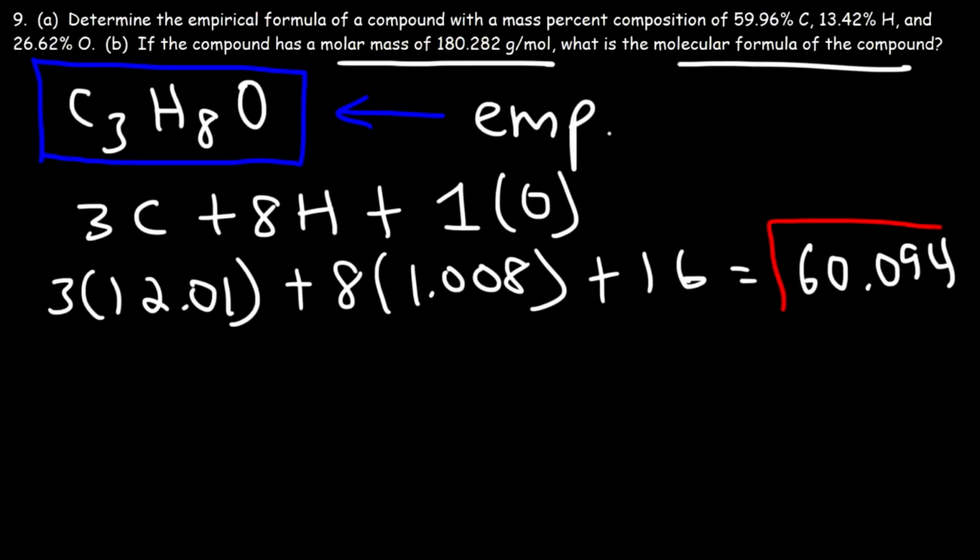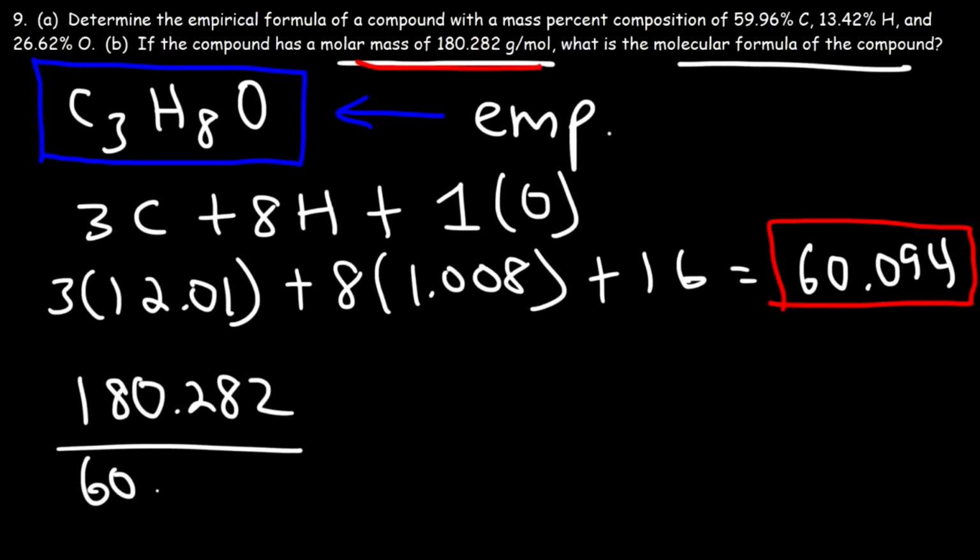So if this is the molar mass of the empirical formula, and this is the molar mass of the molecular formula, what is the molecular formula? Well, what we need to do is divide the molar mass of the molecular formula by the molar mass of the empirical formula. And so let's go ahead and do that. And so this gives us 3. So what this means is that the molecular formula has 3 times as many atoms as the empirical formula.